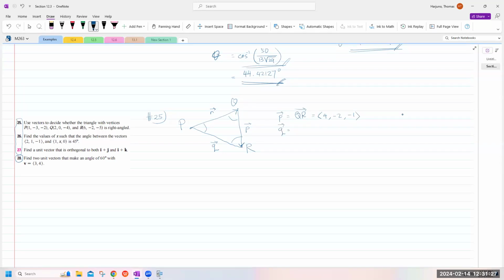Vector Q, let's call that PR. That's R minus P, 5, 1, -3. And then vector R is PQ.